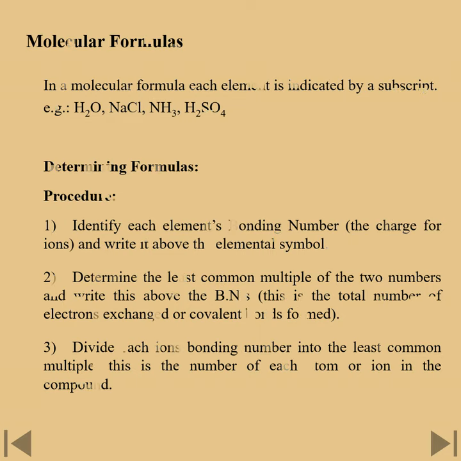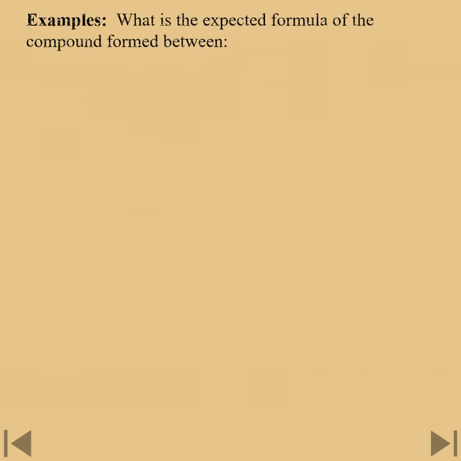Let me do an example, and it's easiest to start with ionic compounds. So here we want to know the formula of sodium chloride, the compound formed between sodium and chlorine. Sodium forms a +1 ion, chlorine forms a -1 ion, and hence they both have a bonding number of 1. Here's step 1, identify your participants and their bonding number.